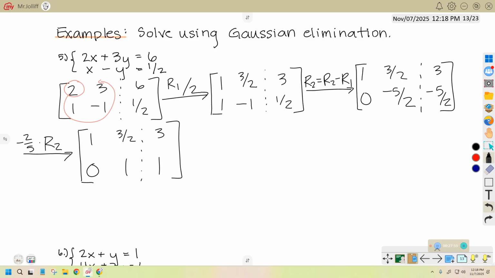Almost done. One more entry. For reduced row echelon form, diagonal is 1s, everything else is 0s. I need this upper right corner to be 0. So I'm modifying row 1.